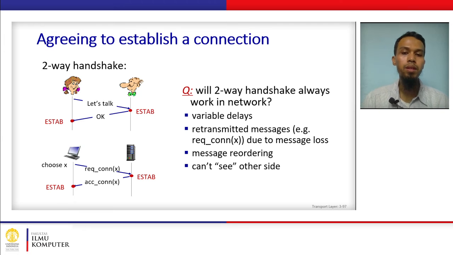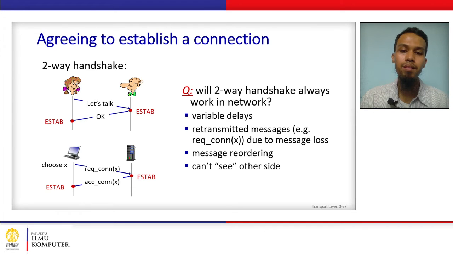As we know, there can be variable delays, as we have already studied in the retransmission scenario. There can be a delay that makes, for example, the accept connection message arrive a bit late, and after the timeout in the client is already reached, the client might retransmit the request connection message.